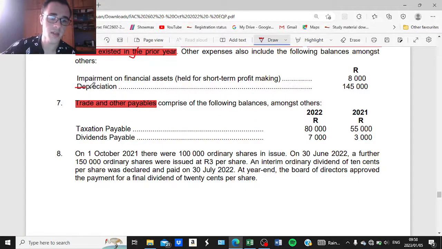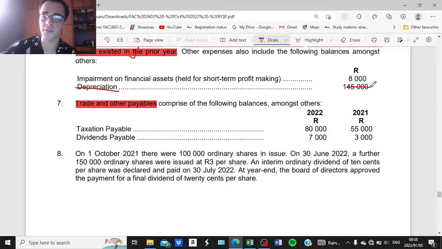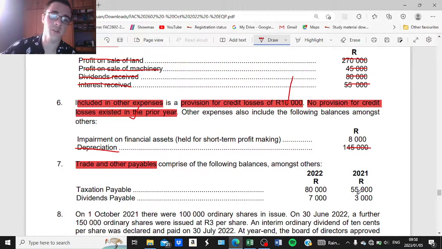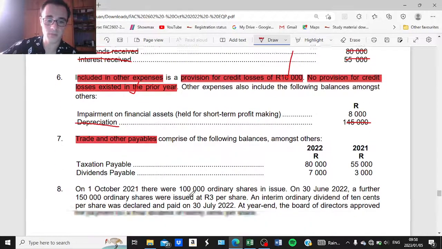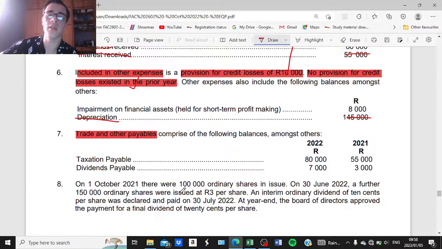All right, so we have depreciation of 145, which is also a non-cash flow item, which we will consider in a moment. And then we have impairment on financial assets. Now there is no other information provided regarding financial assets, except for the fact that we know that the financial assets are held for short-term profit making.